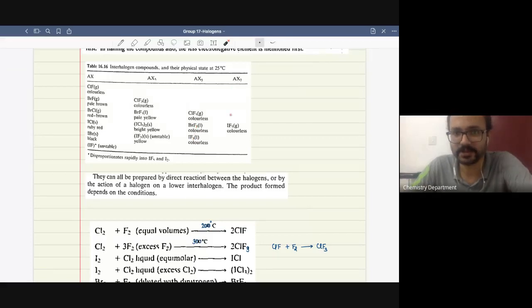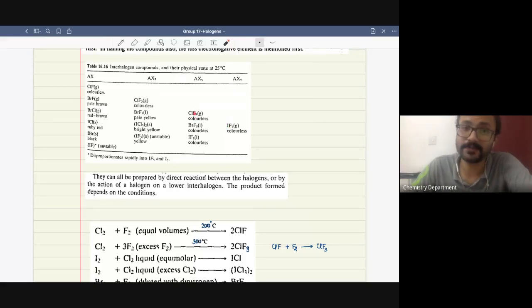Even in AX7, only fluorides are known. That is because fluorine, being smaller in size, can be easily accommodated around the central atom. But if it is chlorine or bromine apart from fluorine, it cannot be easily accommodated around the central atom, because they are in the same family, so it is very difficult to accommodate them.